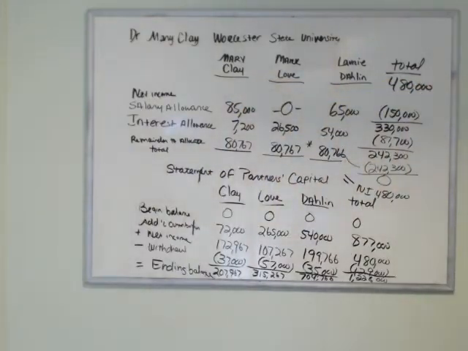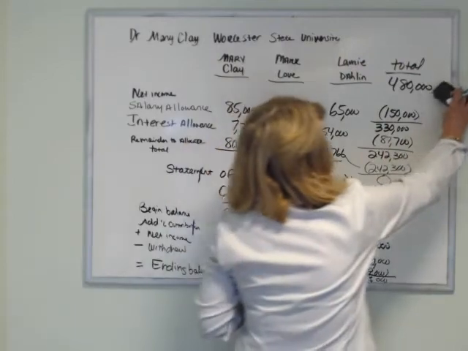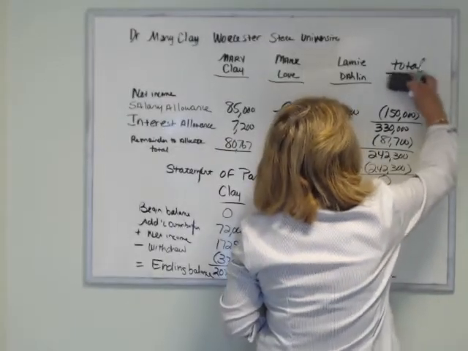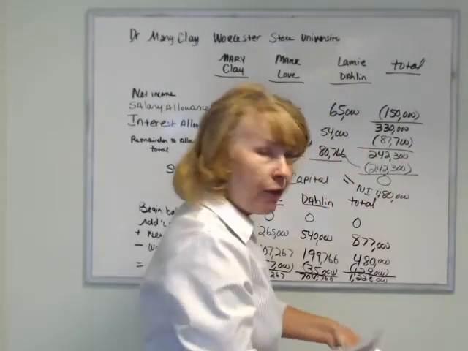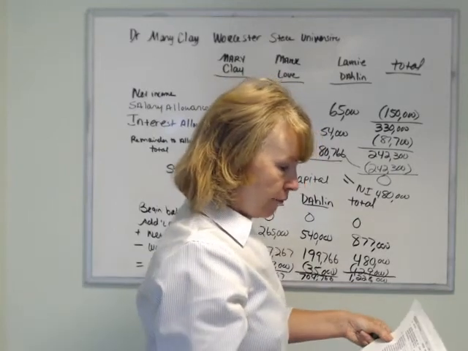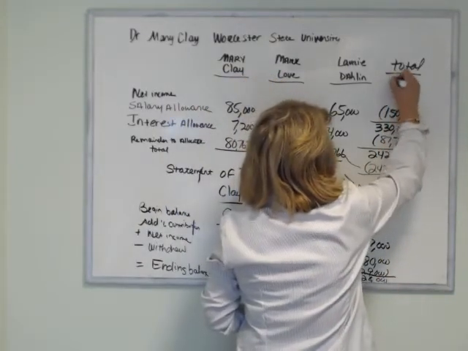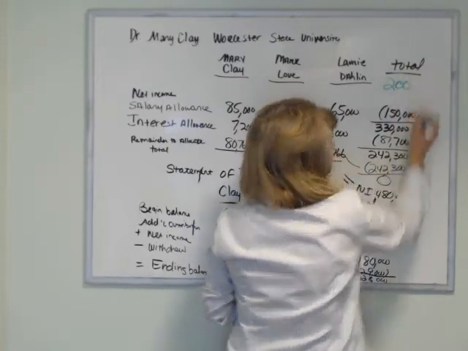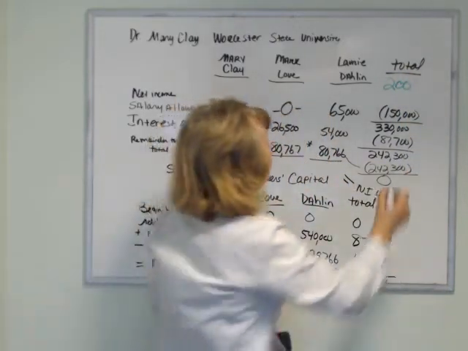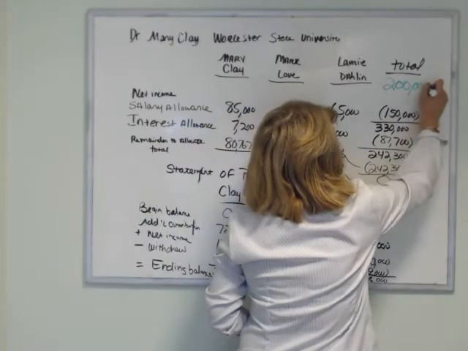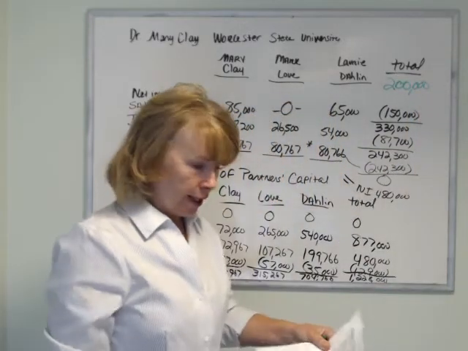All right, so here it is. I'm going to change this. Everything else stays the same except for certain things. So net income is $200,000. I'm going to do the changes in green.